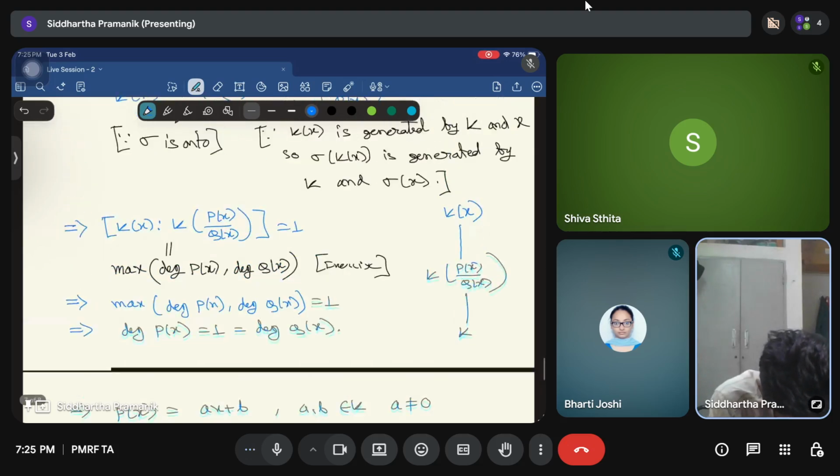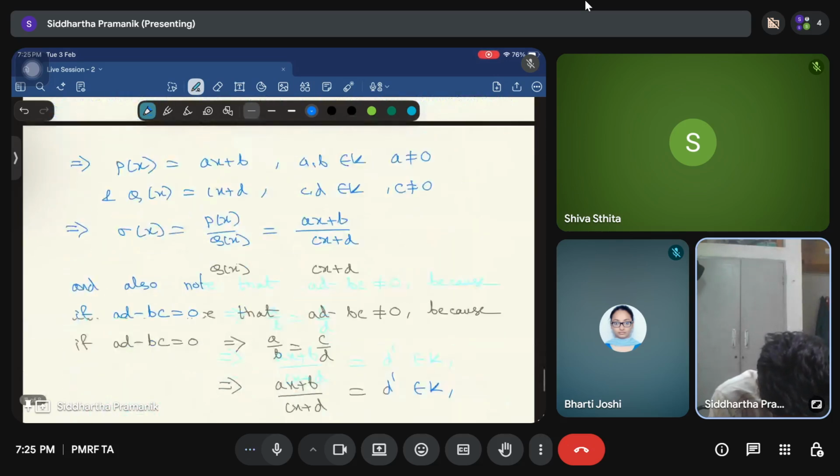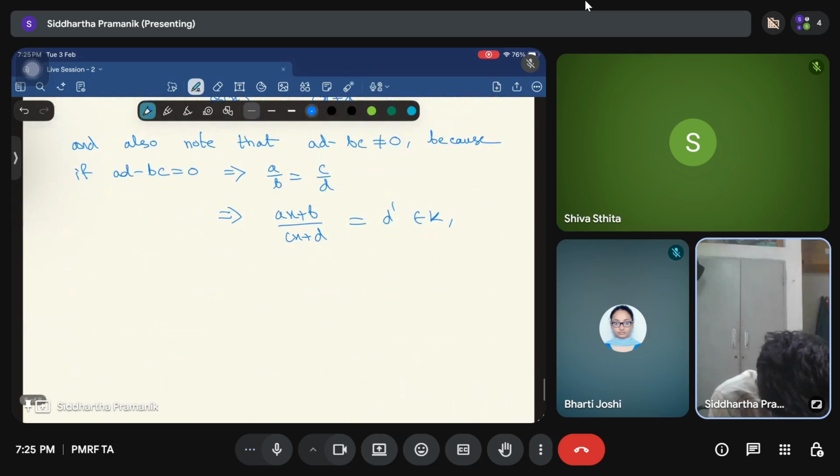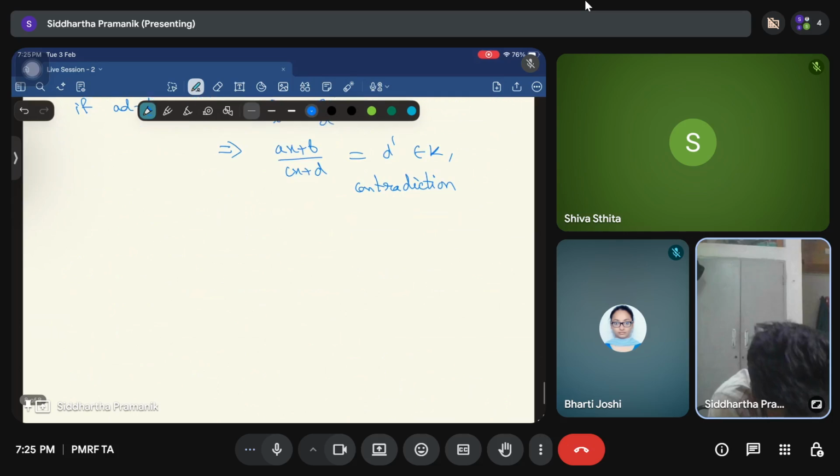But that is not possible, right? This is a contradiction. Why? Because the fixed field is k. We cannot get other elements in k, because sigma of k has to be k and sigma is a bijection. So this will imply sigma of x equals d prime belonging to k. This is a contradiction.